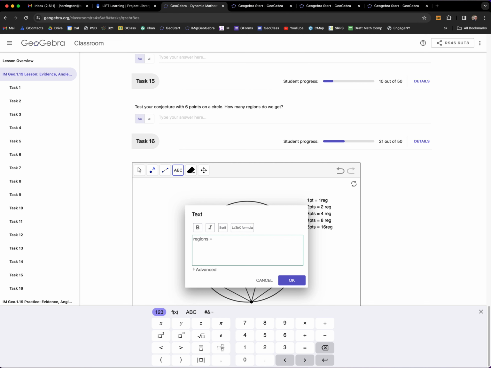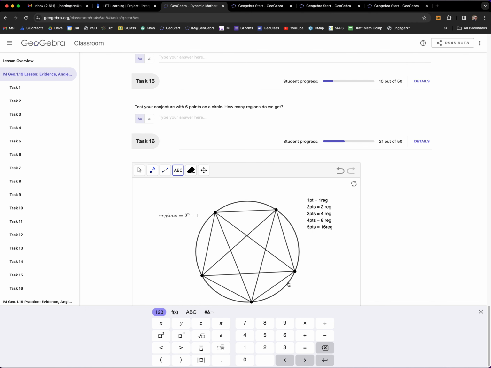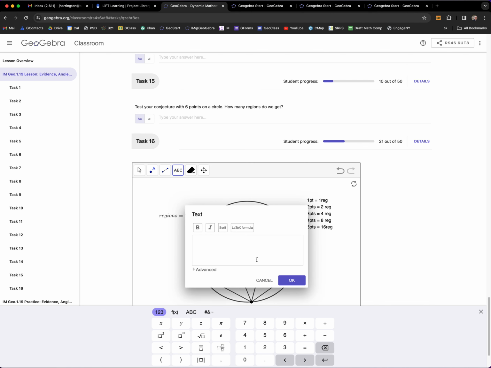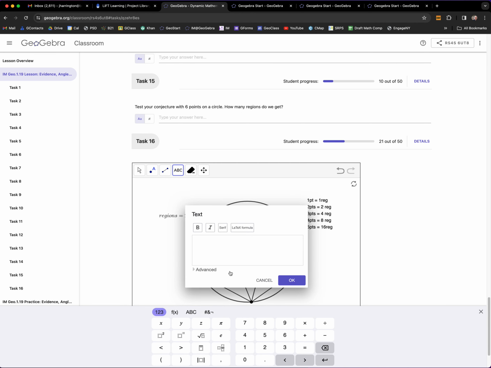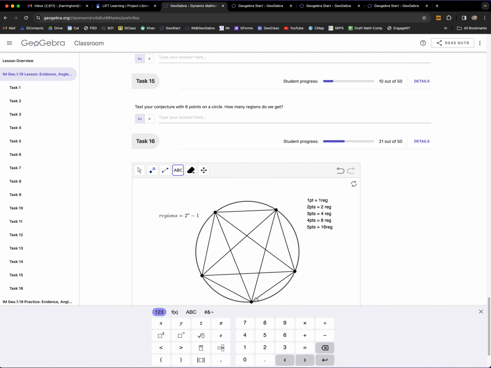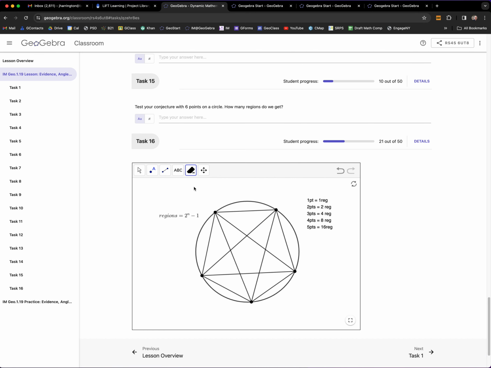It would be 2 to the n minus 1, right? See what that looks like. No, not quite. See if I can change that. Oh, can I change it? It's not letting me get to it. Cancel. All right, well, we're going to delete that because that's wrong.